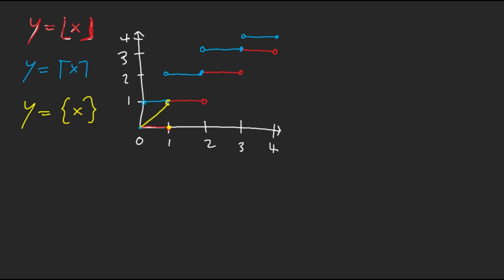So there's a hole right here. And then between 1 and 2, it's only taking the fractional part. And when x equals 2, it just equals 0 because there's no decimals. So there's a hole here, and it keeps going, and then going, etc. Right?